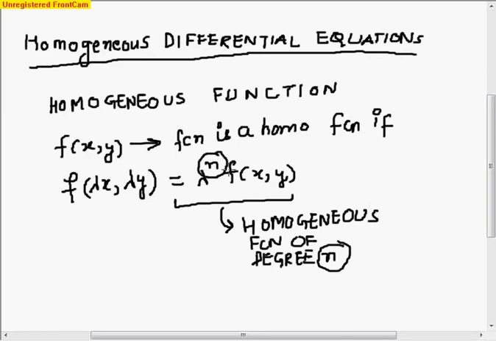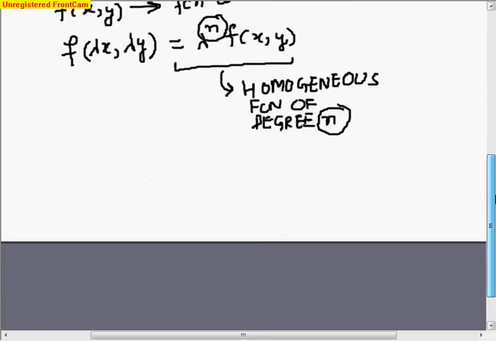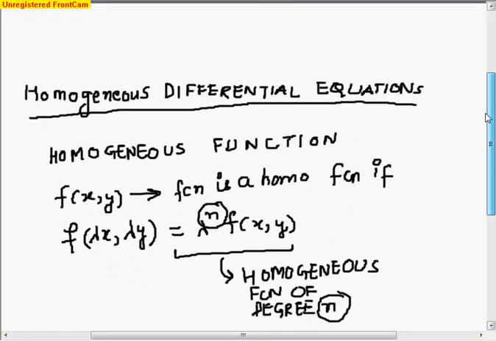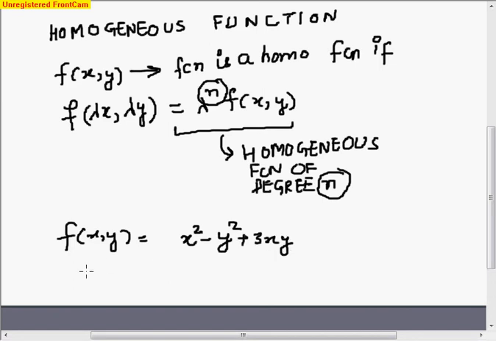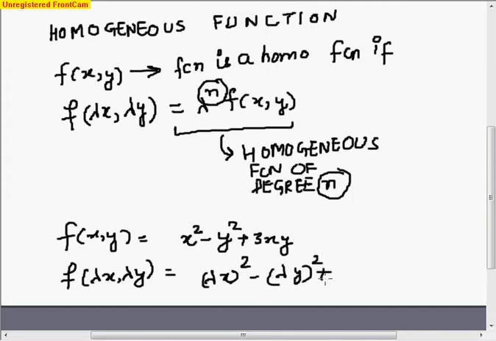I will give you an example. See this function f(x, y) is equal to x square minus y square plus 3xy. Here I replace x with lambda x, y with lambda y. I will get lambda x whole square minus lambda y whole square plus 3 lambda x lambda y.